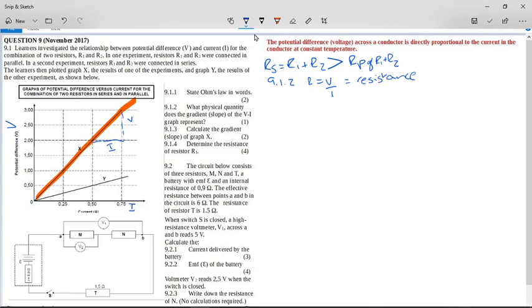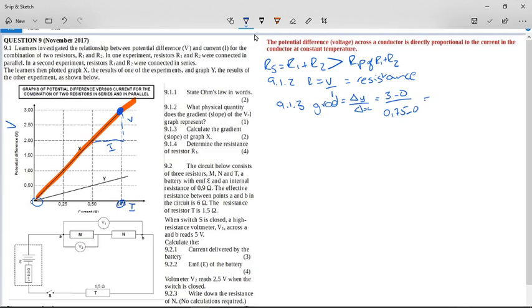Now it says to you, calculate the slope of graph X. So I'm going to use this point here, 3 and 0,75 and 0, 0. So my gradient formula equals the change in Y over the change in X, which is 3 minus 0, because look, 3 off the top there, 0 at the bottom there, over my x-axis, this was 0,75 minus 0.